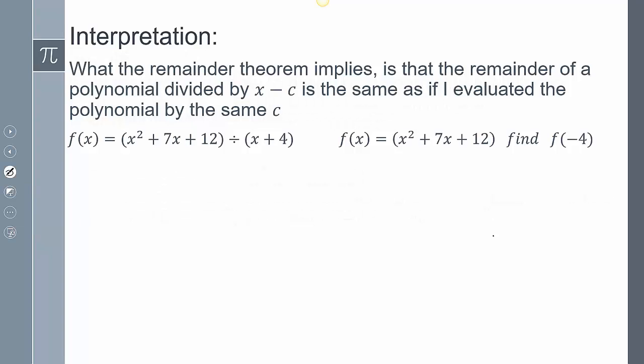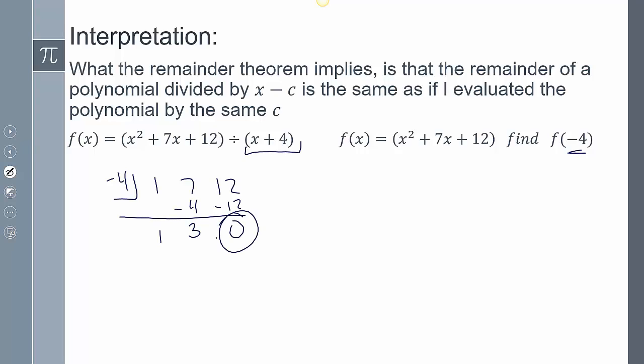So let's take a look at the implication from that theorem. So here's a scenario. I have a polynomial divided by x minus c, and I have my same polynomial, but what is it going to look like if I evaluate at that c? Well, if I divide, bring down the 1, multiply, add, my remainder is going to be 0.